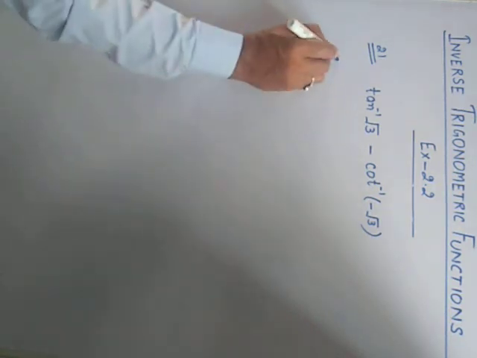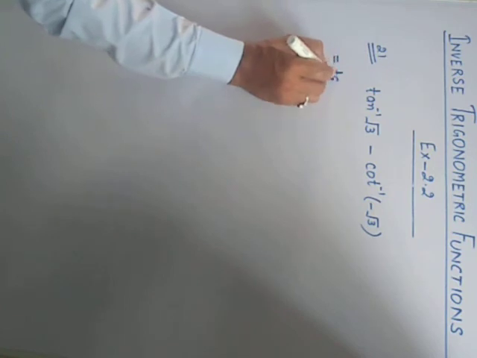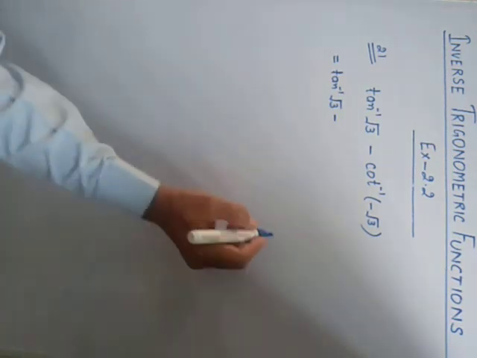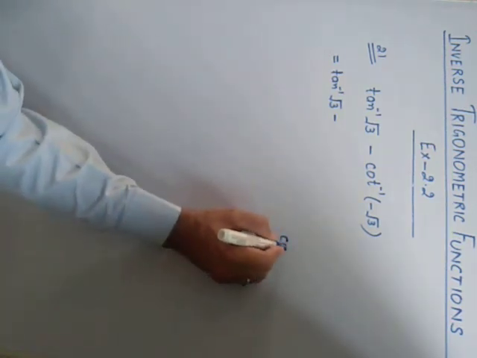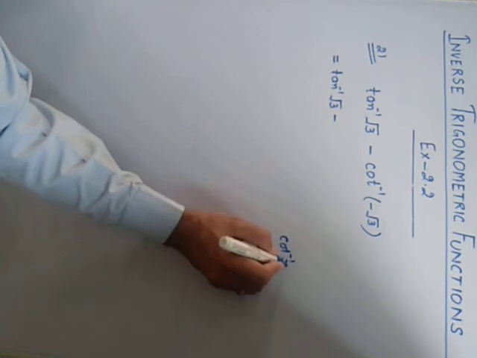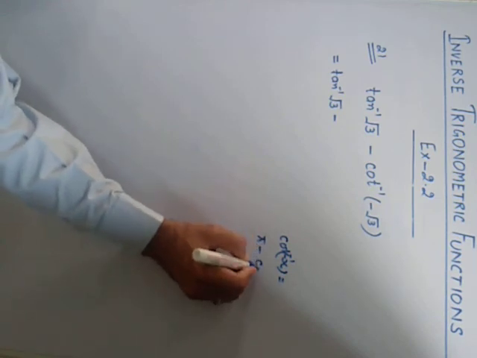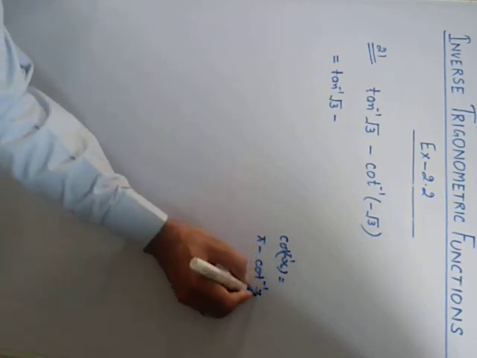In question number 21, we have to find the value of tan inverse root 3 minus cot inverse minus root 3. So tan inverse root 3 as it is minus, as we know that cot inverse minus x equals pi minus cot inverse x.